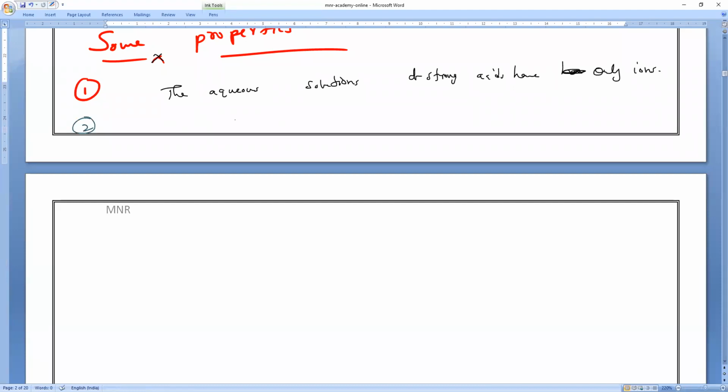Second, since they are completely ionized, they are good conductors of electricity. Next, they are highly corrosive in nature because they are very strong.